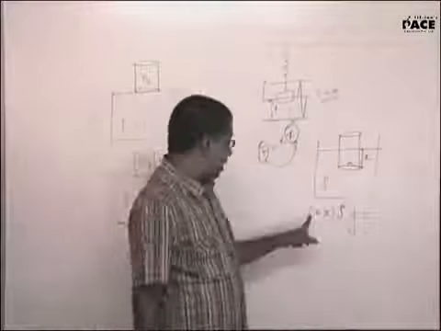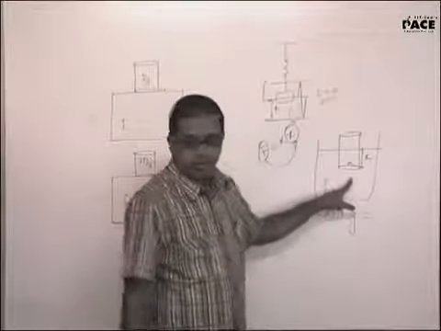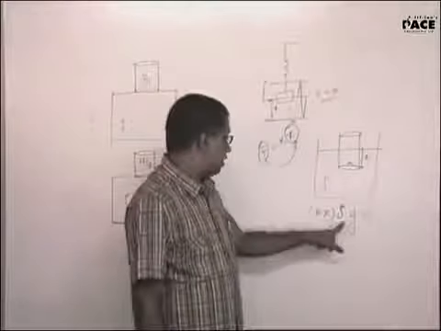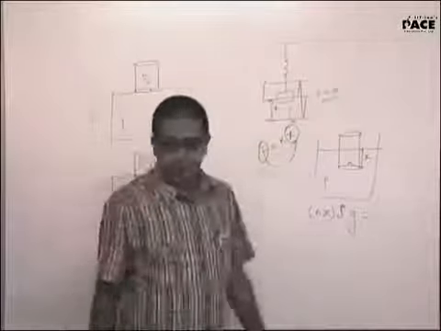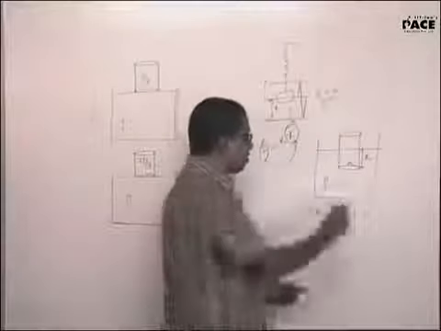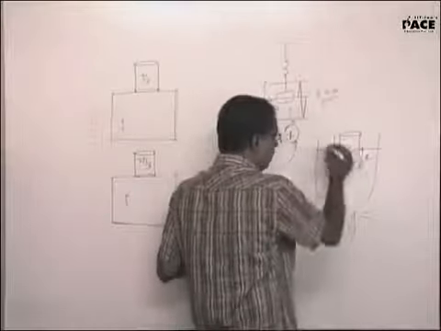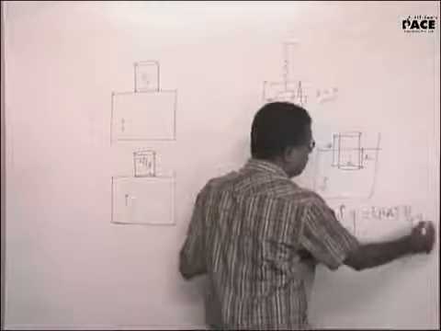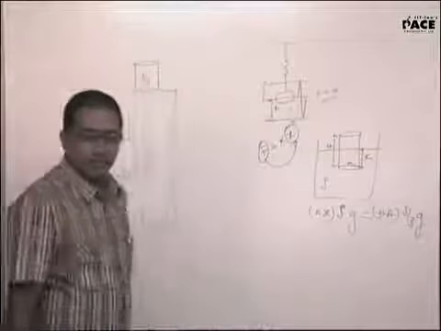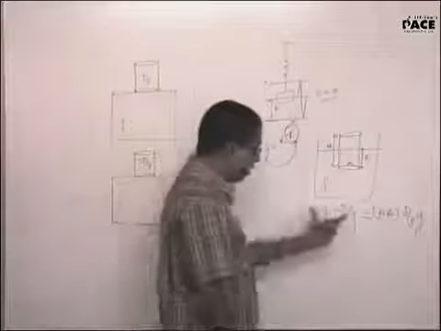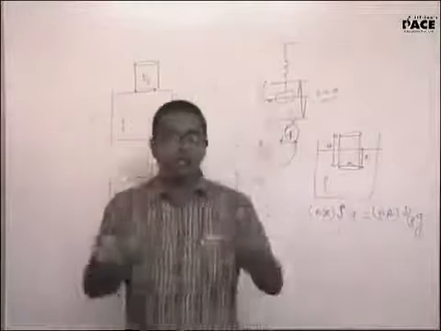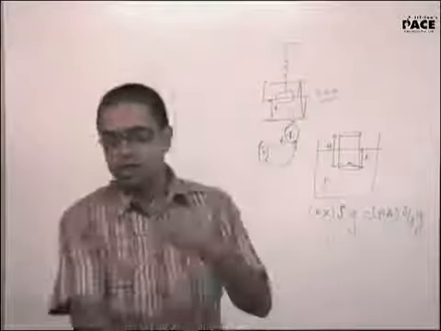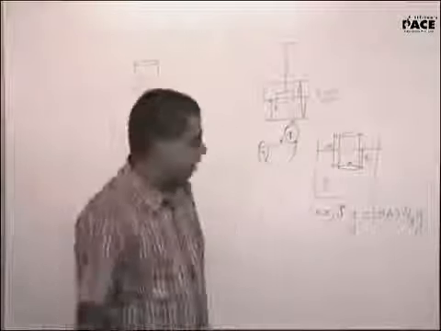A into x is the volume of the liquid displaced, that into density of the liquid into G. Now if this buoyancy is equal to the weight of the body, H into A into rho by 3 into G, this is the position where the body is in equilibrium position.